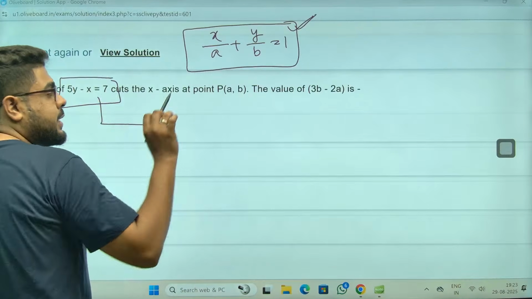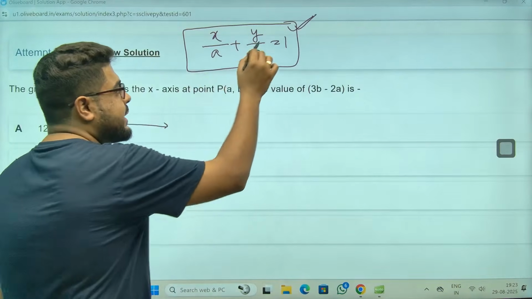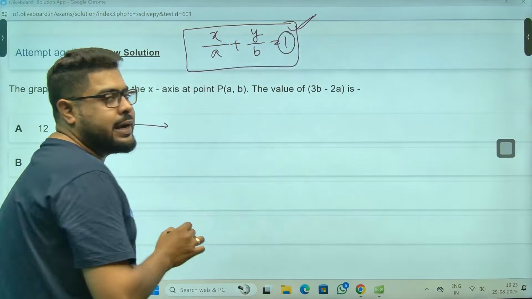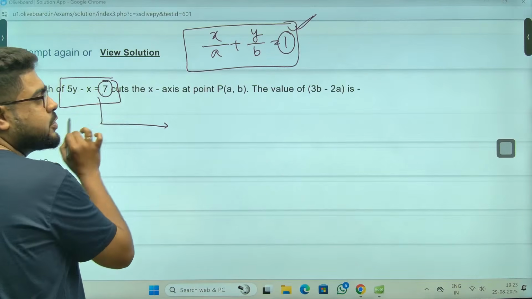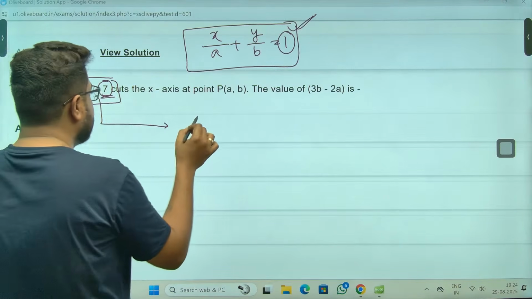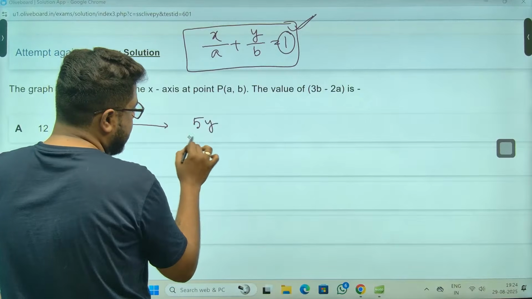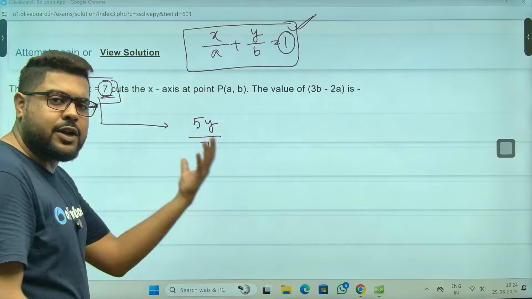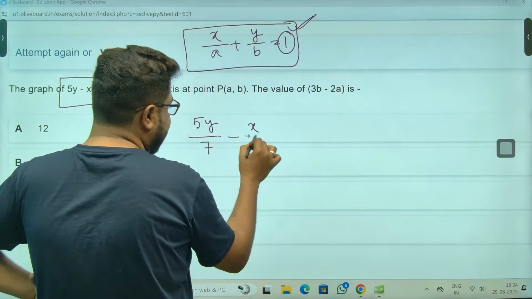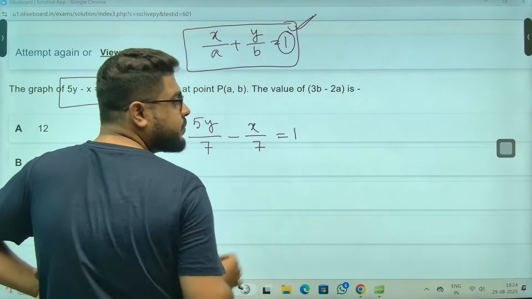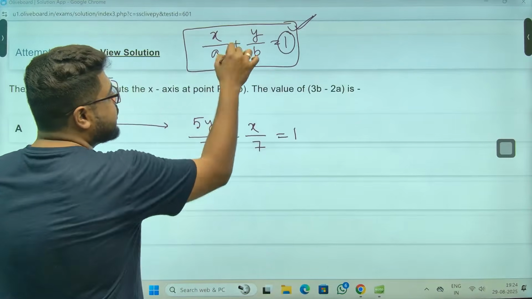Now the intercept form has certain rules. The right hand side must always be 1. Meaning, in this question I have to divide by 7 to get the right hand side to be 1. So 5y by 7, and the left hand side also gets divided by 7: minus x by 7. That is 1. Now write it in terms of pluses.